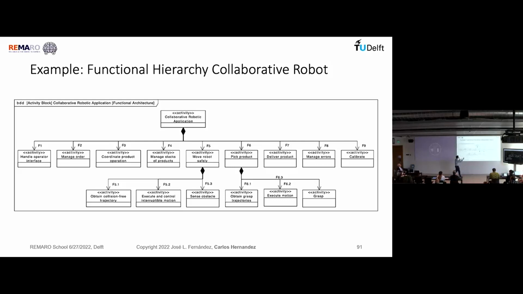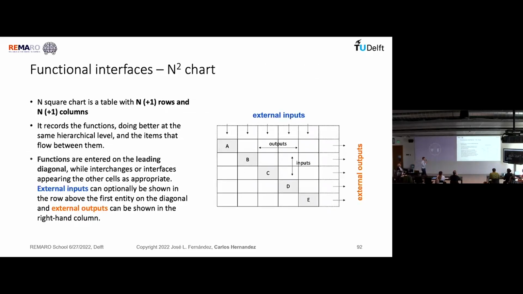I'm not going to go through all of them, but you can figure out all the steps that need to happen, the different functions here. So I'm going to explain the functional interfaces. This is the n-square matrix that we have been discussing. You represent the functions of one level on the diagonal.